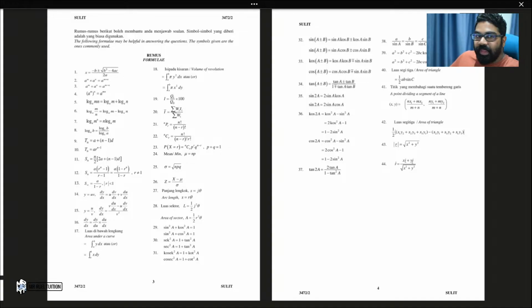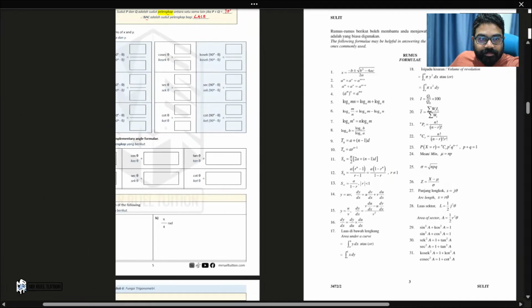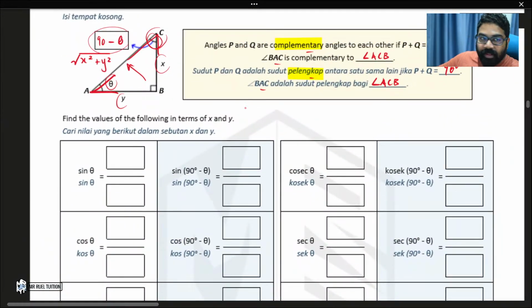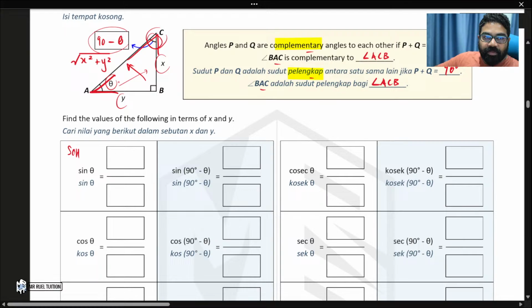Okay, come. So, let's try. What is sine theta? Sine so, opposite, x over hypotenuse. X per hypotenuse ialah square root x square plus y square. Okay? Alright.